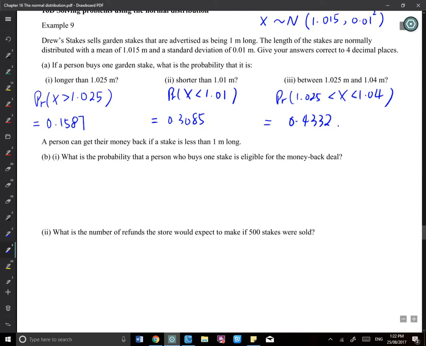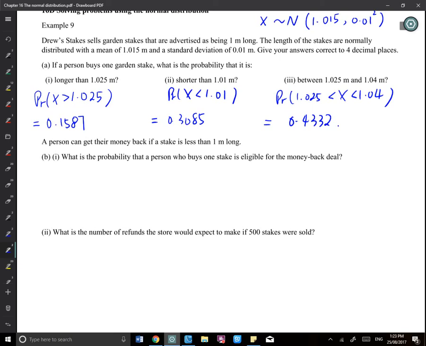That's the first three basic ones, and then the next one says a person can get their money back if the stake is less than 1 meter long. Tell me a reason why they set the mean to be 1.015. If it's less than 1 meter, I will refund the person.